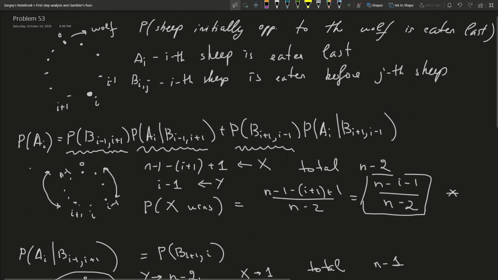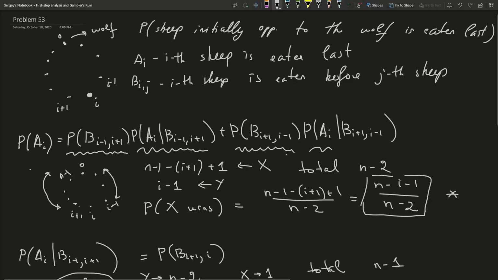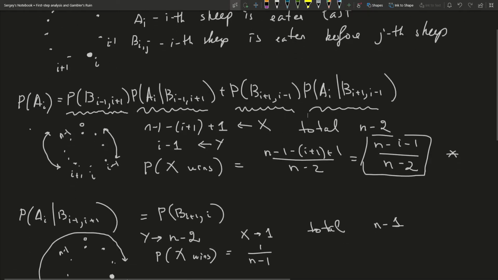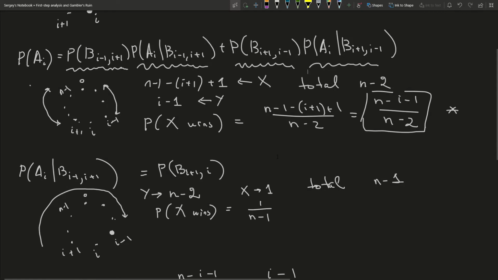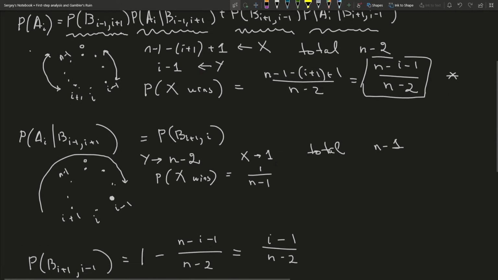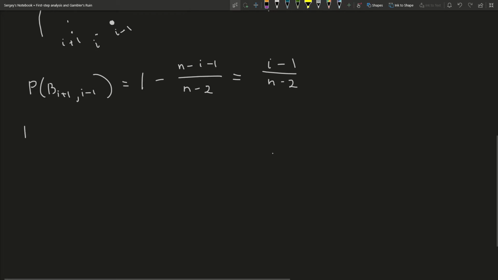And next we need to compute this term here. The probability that the ith sheep is eaten last, given that the i plus first sheep was eaten before the i minus first sheep.